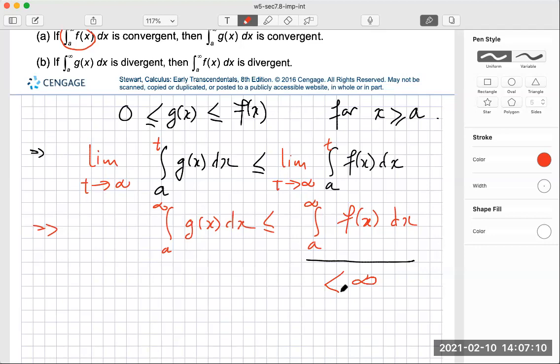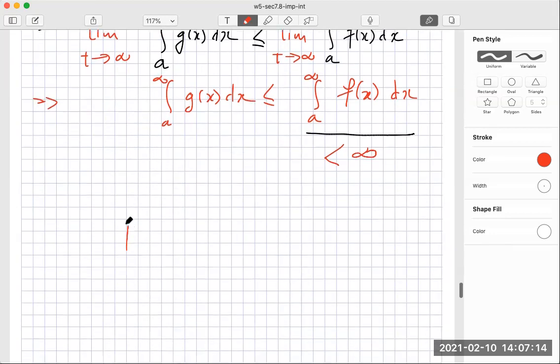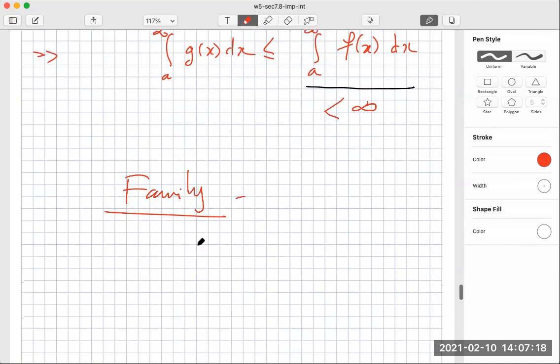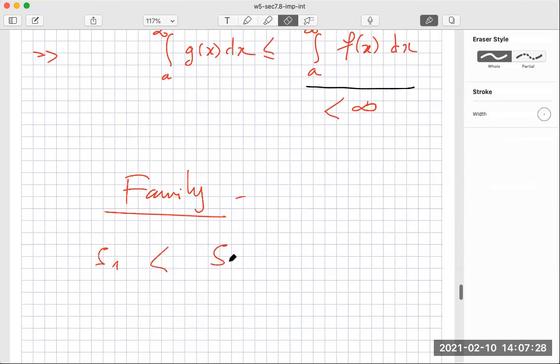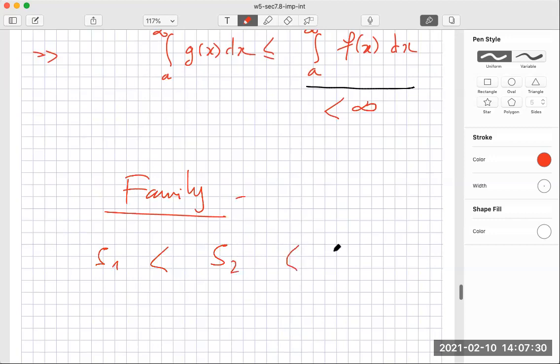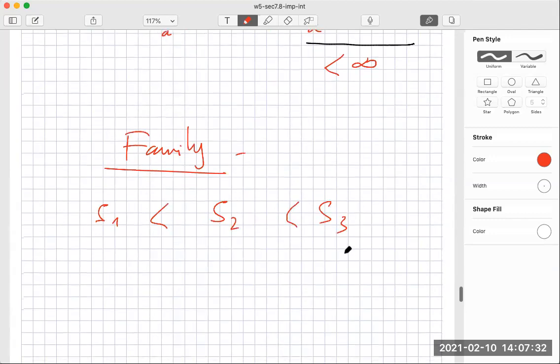The biggest one, the middle one, and the youngest one. The oldest one is smaller than 30 years old, for example.